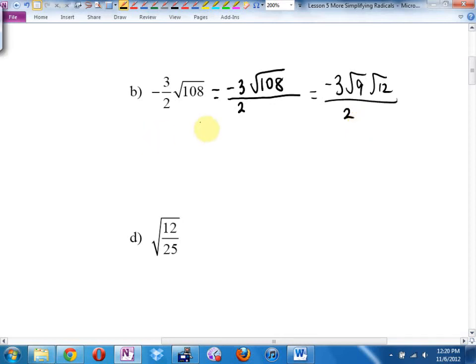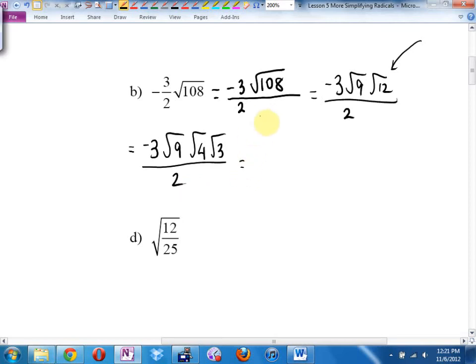I'm just going to always get in the habit of looking at what's left inside the radical and saying, hey, is there a perfect square hidden in there? Is there a perfect square hidden in a 12? Yeah, it's 4 times 3. So this is really negative 3, root 9, root 4, root 3, all over 2. That's really negative 3 root 108 over 2.